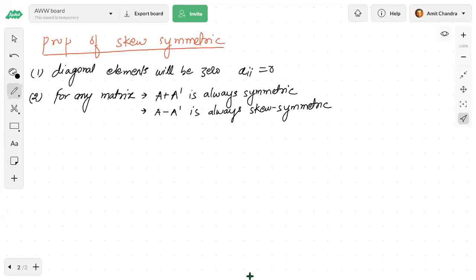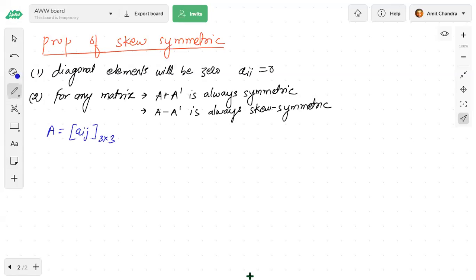See, let me explain this part. I will give you an example. Suppose you have a matrix 3 cross 3. So A is a 3 cross 3 matrix, where Aij, this is a 3 cross 3 matrix. Okay, so you are saying that for any matrix A plus A transpose, by taking transpose on both sides.